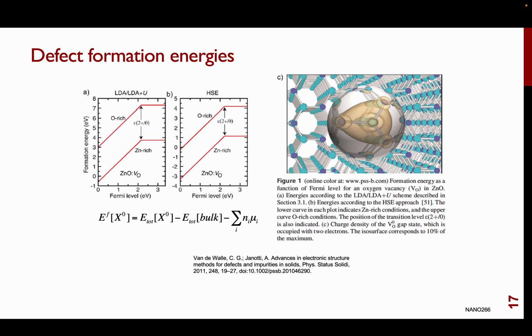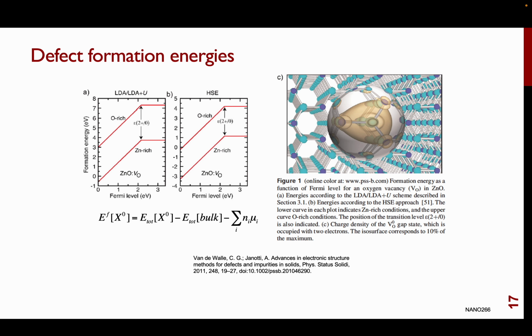When you are looking at something a bit more complicated, for example here we are looking at zinc oxide, there are different defects that can form depending on the conditions you are in, whether you are in an oxygen-rich environment or an oxygen-poor environment. That can affect what kind of defects are formed. And the way that you do this is that you calculate the formation energy of different types of defects.